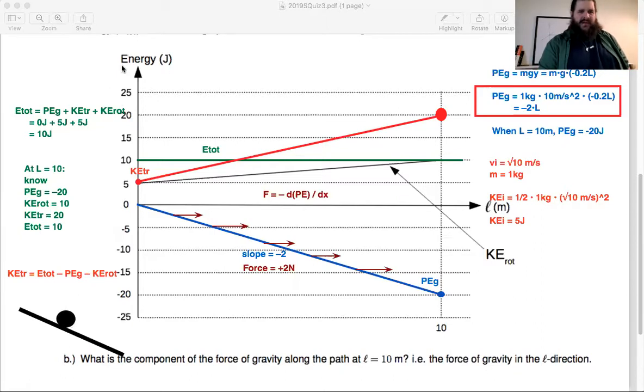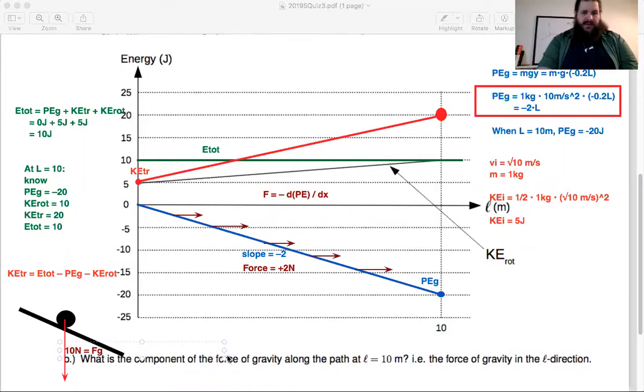The force of gravity is straight down, and it's going to be 10 newtons because the ball has a mass of 1 kilogram. So the actual force is going to be 10 newtons straight down. So that would be the force of gravity.